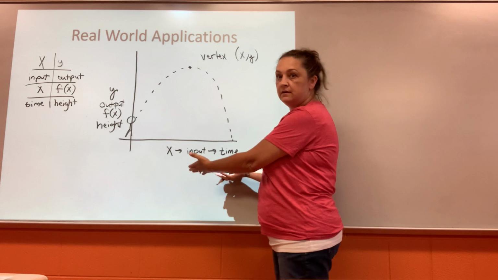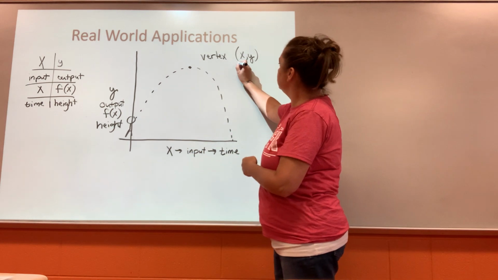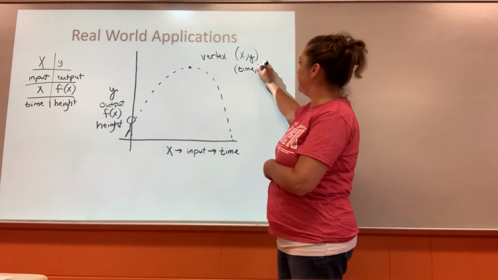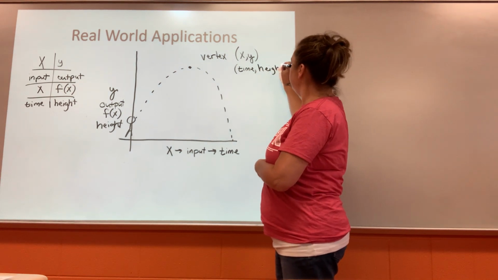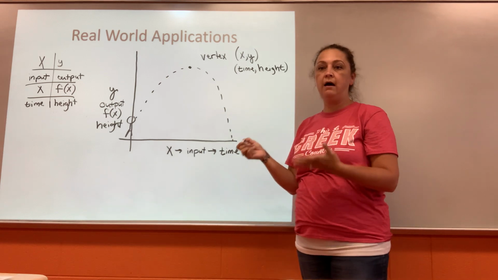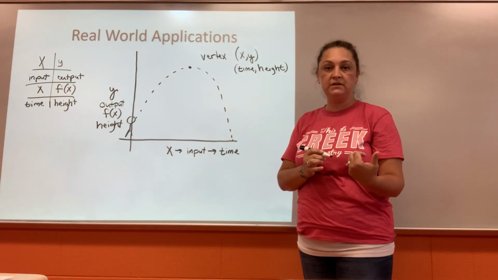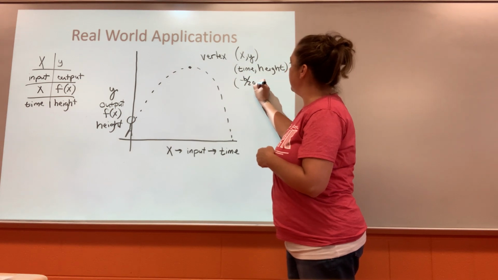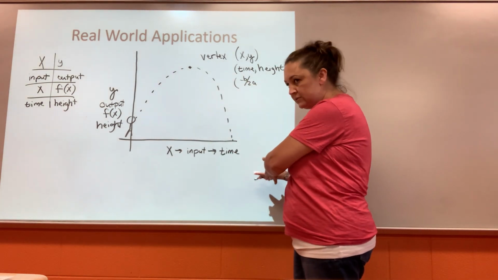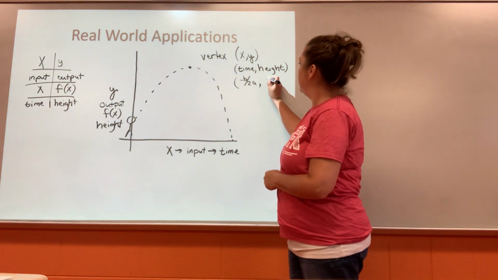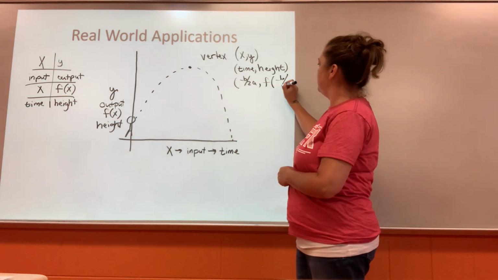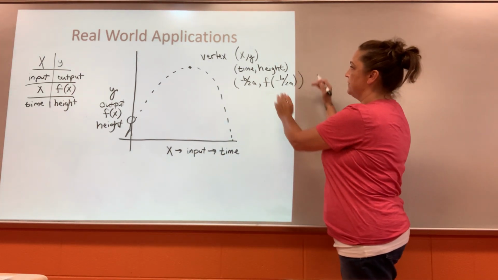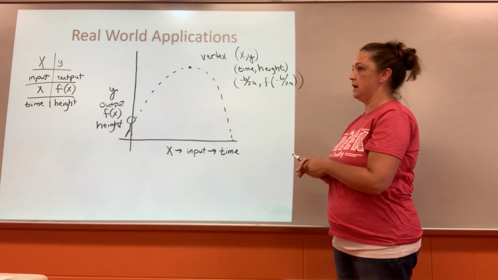But in this example, x is time and y is height. How did we get those values when we were calculating that to graph it from standard form? We used opposite b over 2a to get the time, or the x or the input, and f of opposite b over 2a to get the height or the output. So that's how all of those are related.